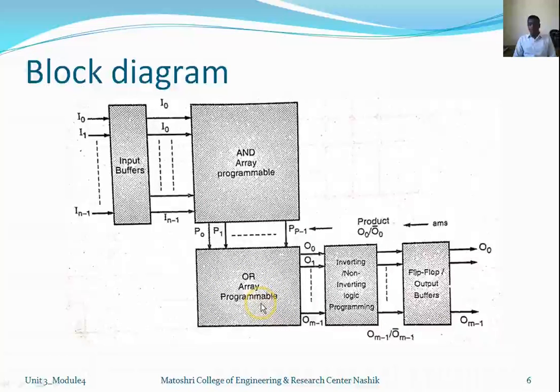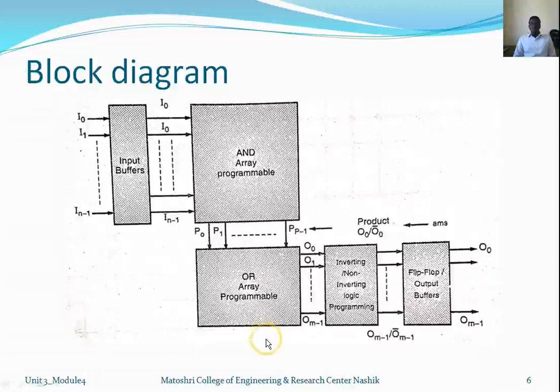As we have already studied, the input is first ANDed and then given to the OR operation, that is, the sum of product terms. The product is made in the AND array, and then given to the OR array for addition. In this way the sum of product terms is formed.